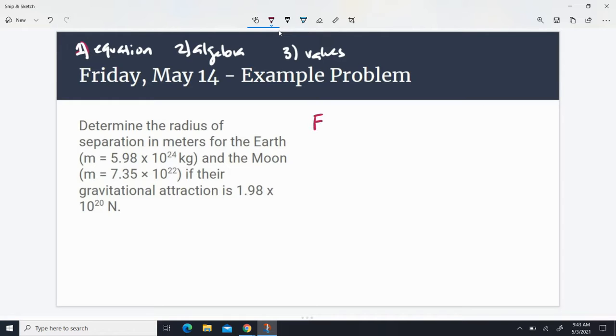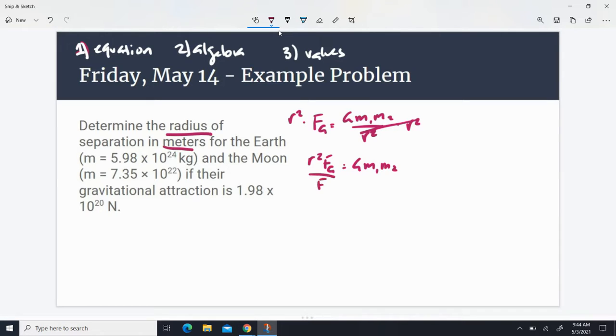So our equation for this one is Fg is equal to G m1 m2 over r squared, but we're looking for their radius, meters. So let's get r by itself. I'm going to multiply by r squared on both sides. That'll cancel, and then that'll be r squared Fg is equal to G m1 m2.